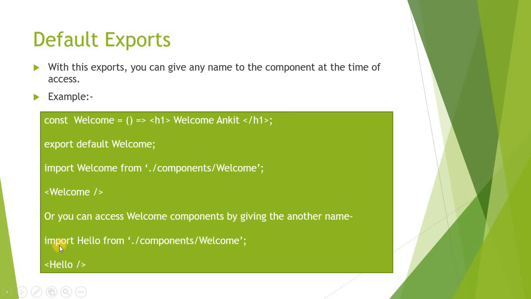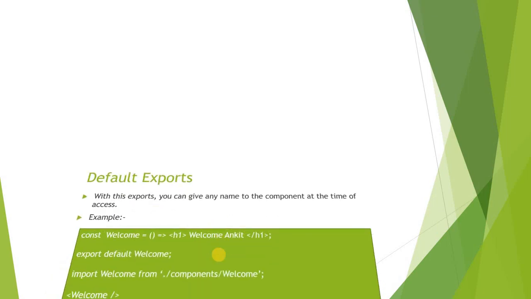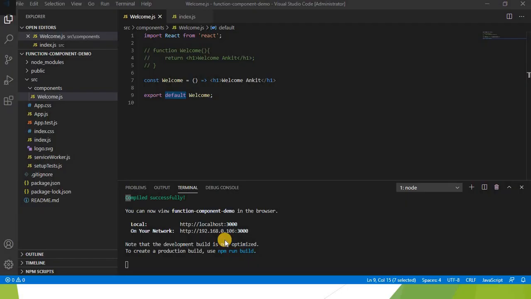Whenever you import the welcome component, you can give it another name. Here you can see that we give the other name hello to the welcome component. We will access it using the hello component, but the hello component will call the welcome component function and render it. Now you can see how we can achieve it.